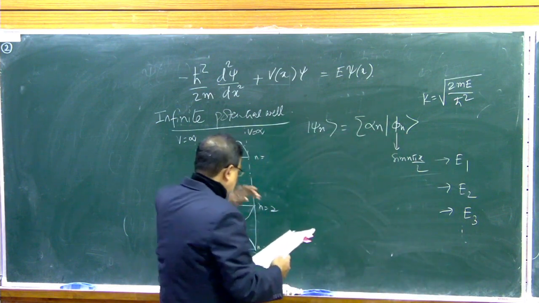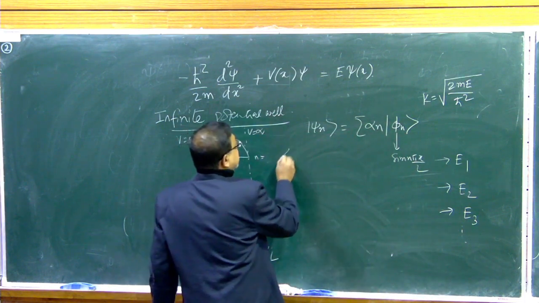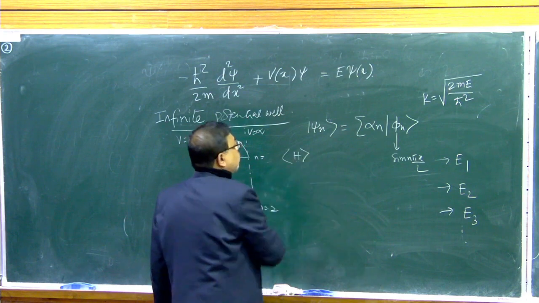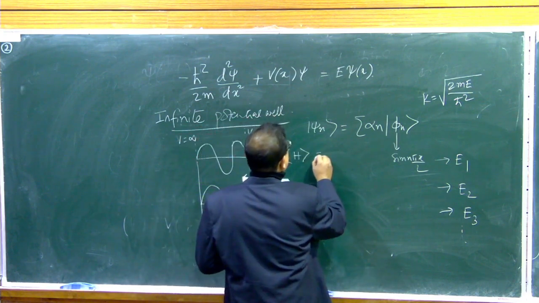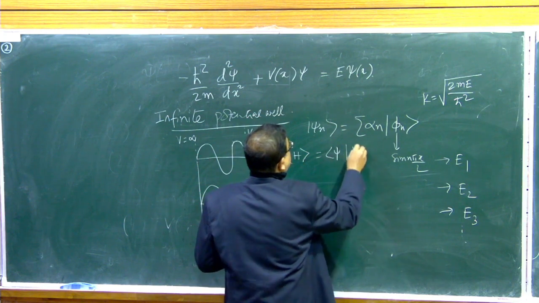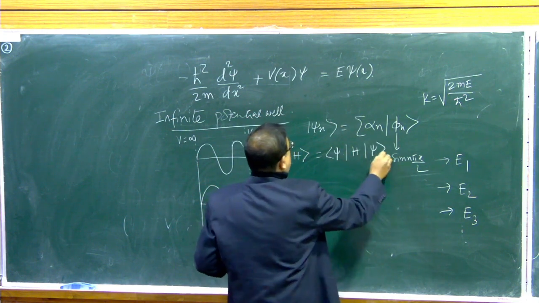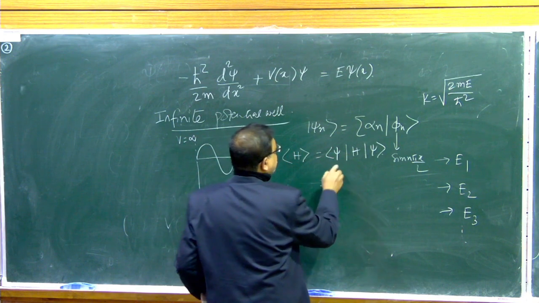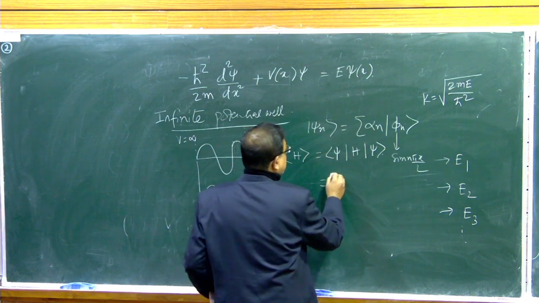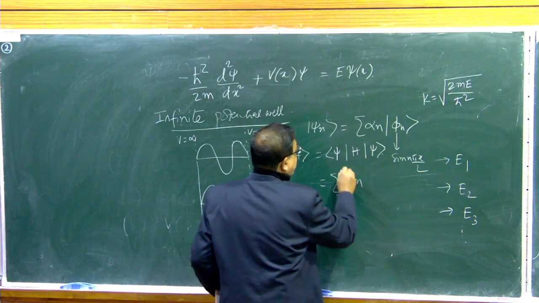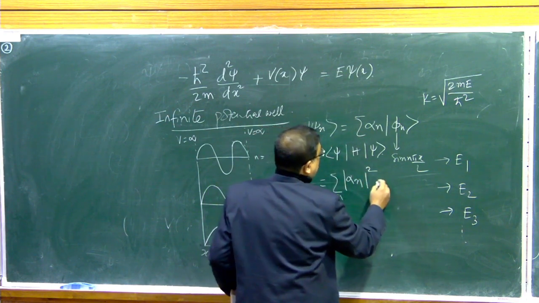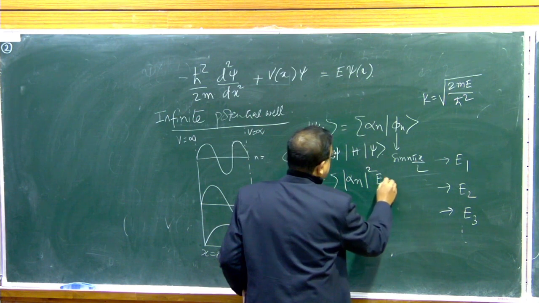So one can actually calculate the expectation value of the Hamiltonian, which is equal to psi H psi, and this will eventually give you the sum over n of alpha n mod square multiplied by En, and so on.